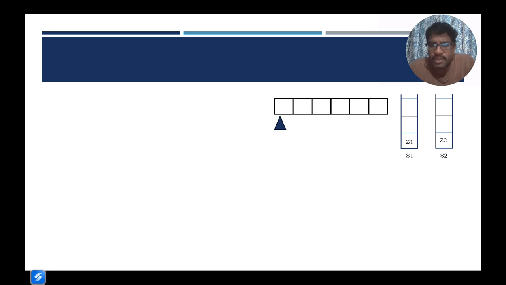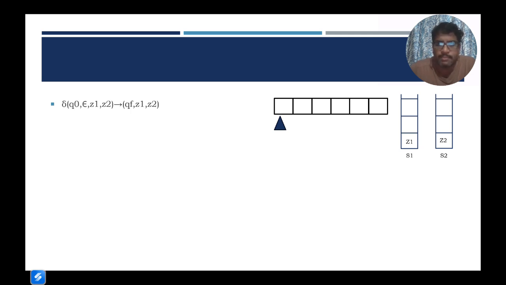If I read epsilon from the input tape, the transition looks like this: delta of Q naught, reading epsilon, Z1 is the stack symbol, Z2 is the second stack symbol, gives the output QF.